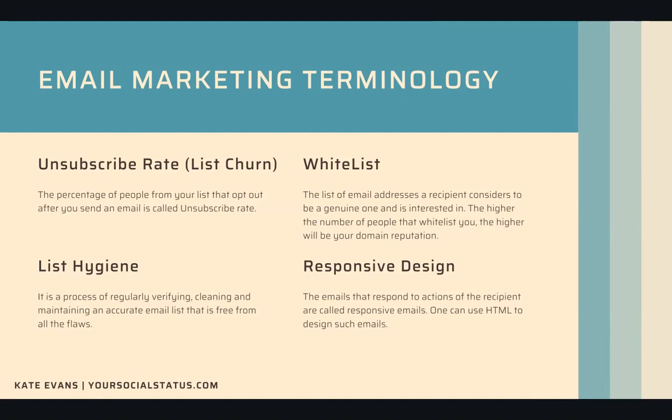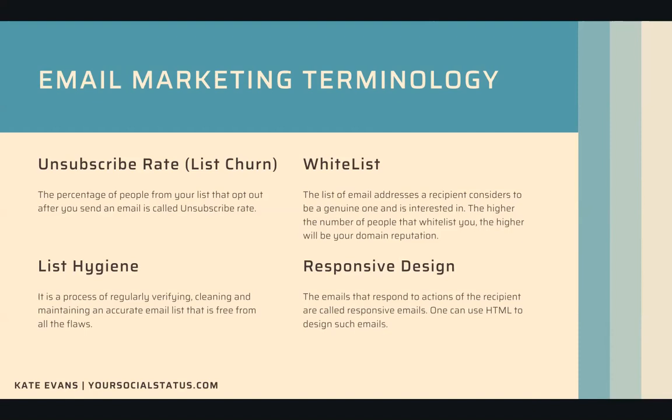Then we've got whitelist. That's a great list to be on, because that's the spot where you know that what you're sending people, they're interacting with, you've got a great domain reputation, and your email is going to get through. List hygiene, we don't have to cover. Responsive design, if you haven't heard the term responsive as it relates to your website, it just means that your website can show correctly on any sized screen.